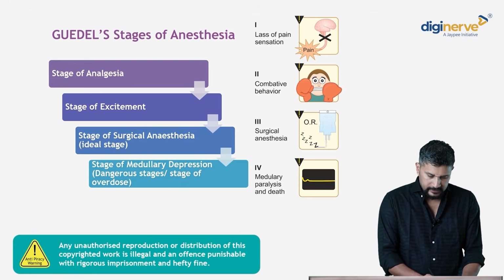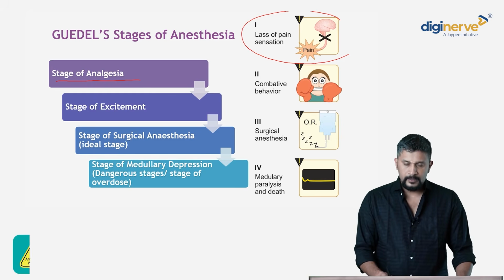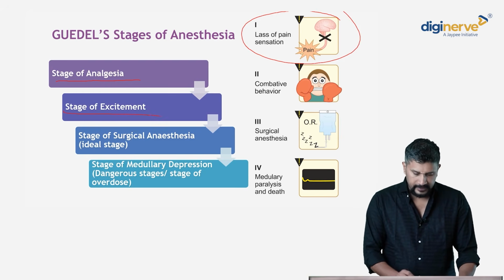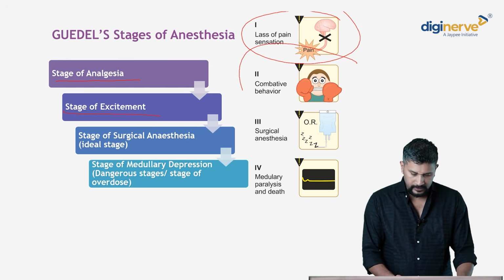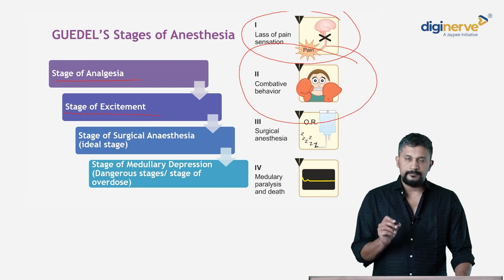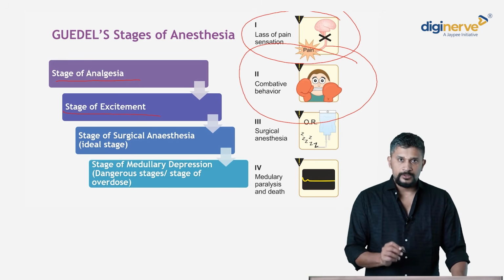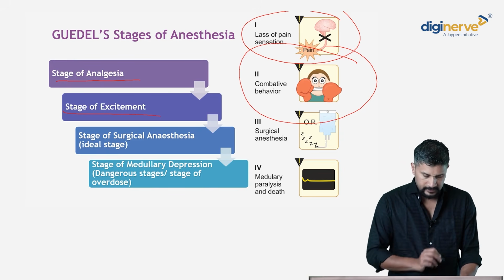The first stage is the stage of analgesia, wherein you have a loss of painful sensations. The second stage is the stage of excitement, wherein the patient more often than not gets into a combative behavior. So this is a stage that you're trying to reduce constantly using faster acting anesthetic agents.